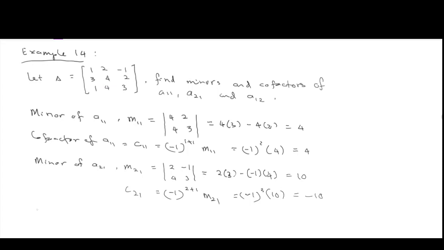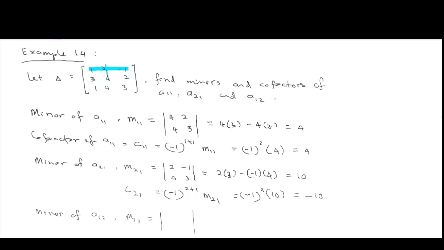Okay, the minor of the element a12 is M12, which is equal to the determinant of the matrix where we delete the first row, second column.